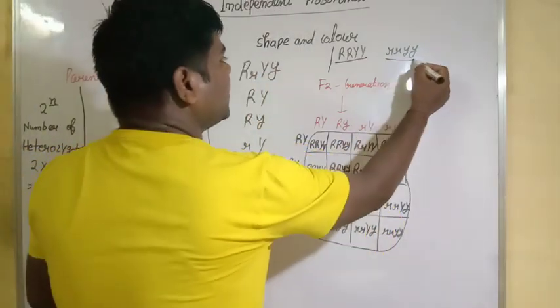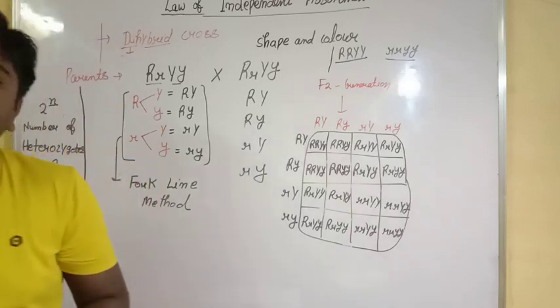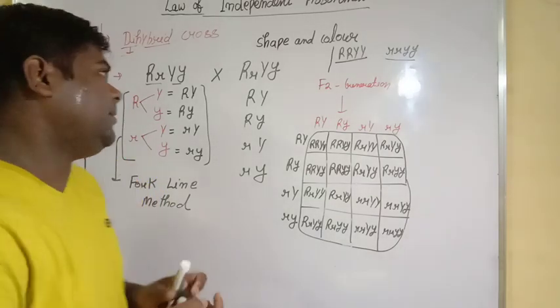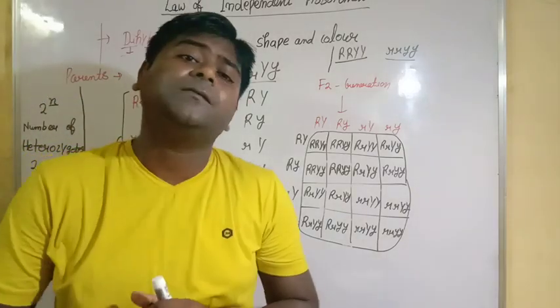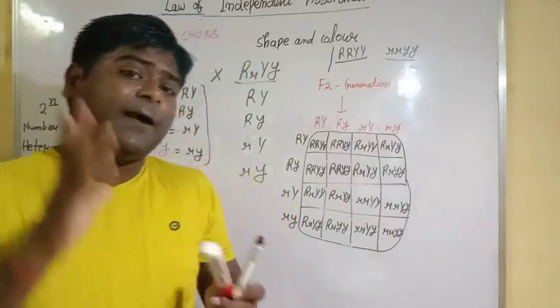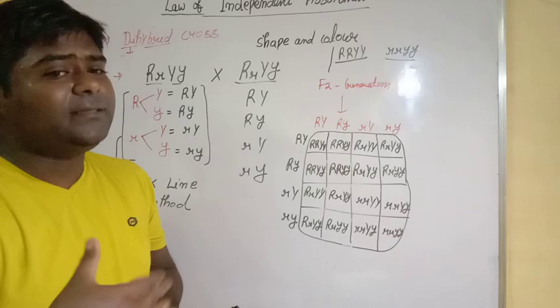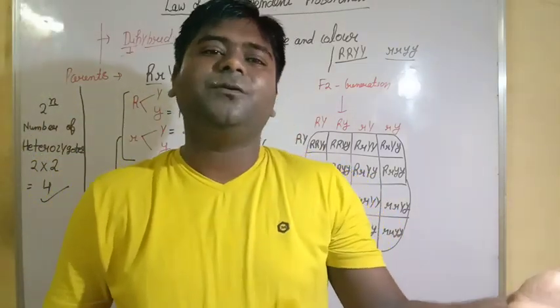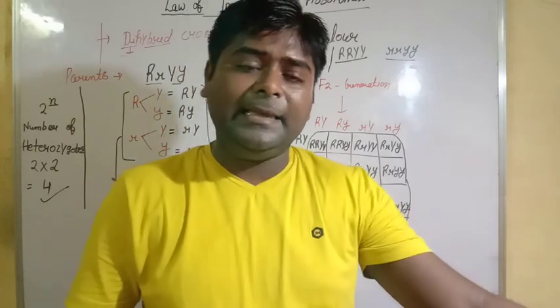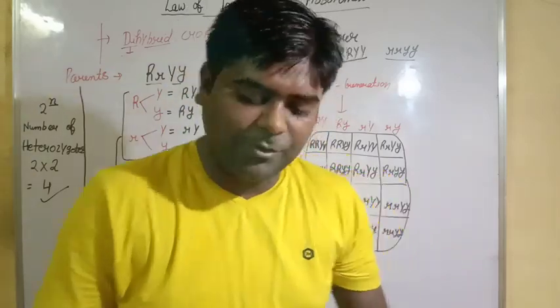When we have this one, it could be wrinkled and green. And whenever we have this condition, it is again round and yellow. So we have to find the genotype and then we'll get the phenotype. Easy, very simple. Genotype will give the idea about phenotype.